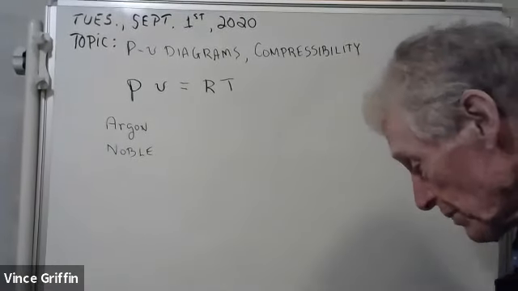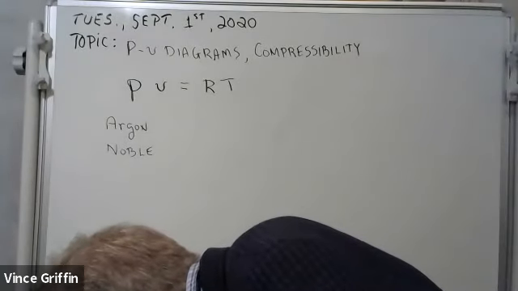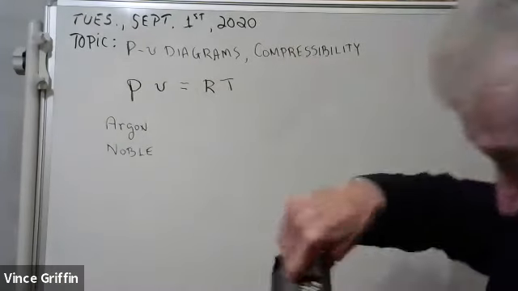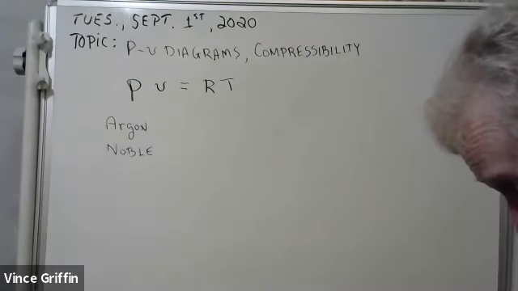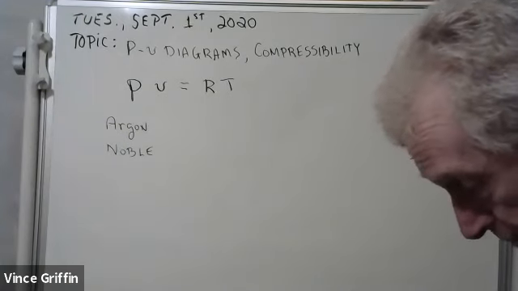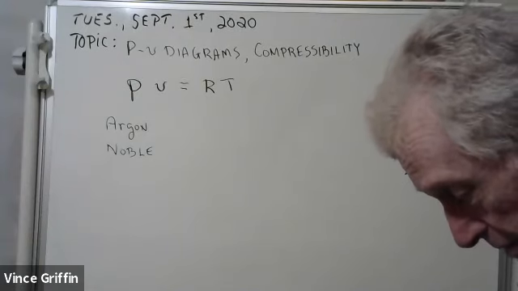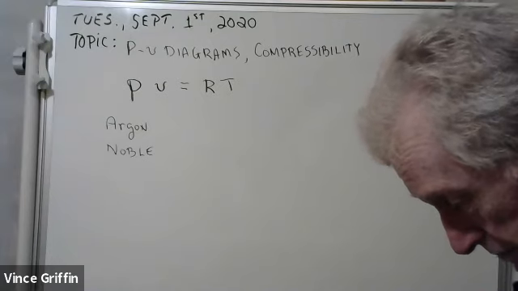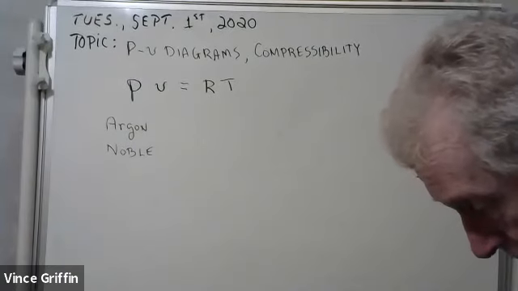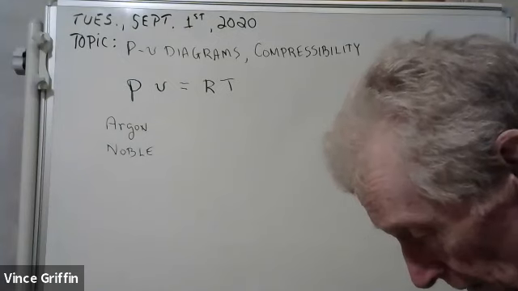Let's look up some stuff about argon. Get your book. We need the ideal gas law constant for argon. Here we go. Trying to find it. Aha.